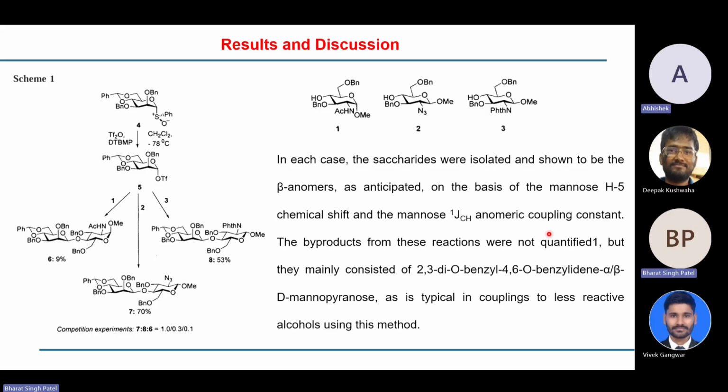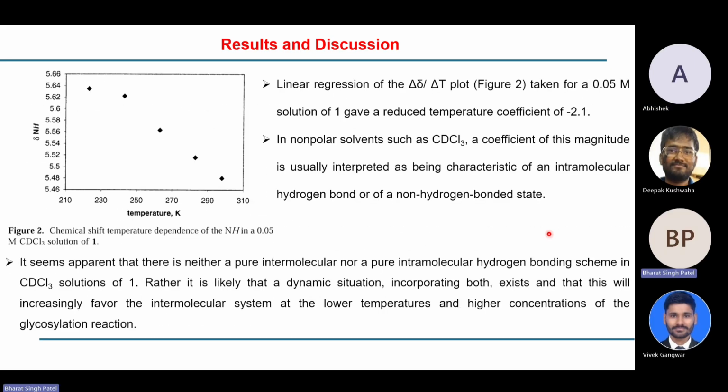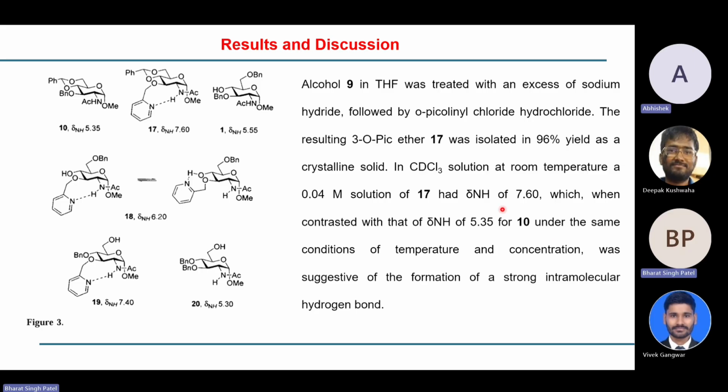In the presence of the ester functionality, it will not be in close proximity for hydrogen bonding. That hydrogen bond would be a four-membered one, and with this rigid system it will not undergo intramolecular hydrogen bonding. That's why they have installed this picolinyl system. Because of this bond, it can move around and come closer to the NH group.